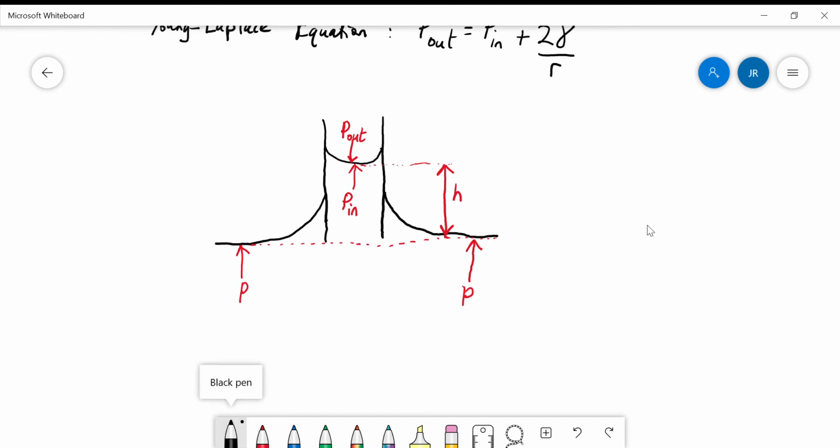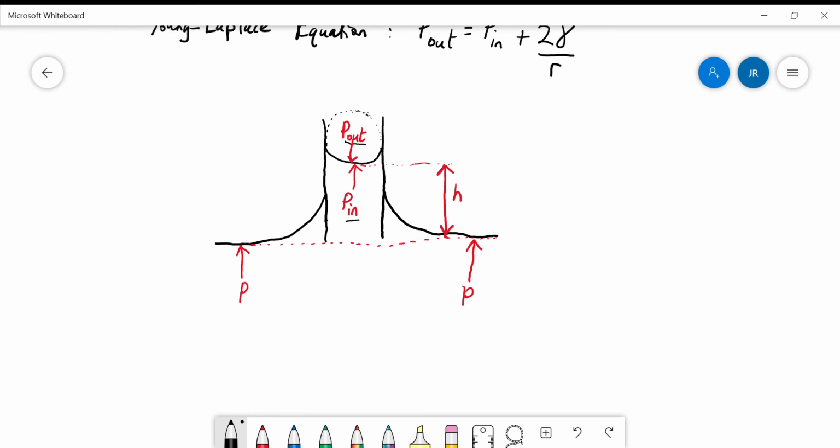And you could well imagine a continuum of this meniscus as a pseudo sphere like this. So if this were a sphere or a droplet, this P out here would be the pressure trying to get out of this droplet or bubble, and this P in would be the pressure trying to get inside.